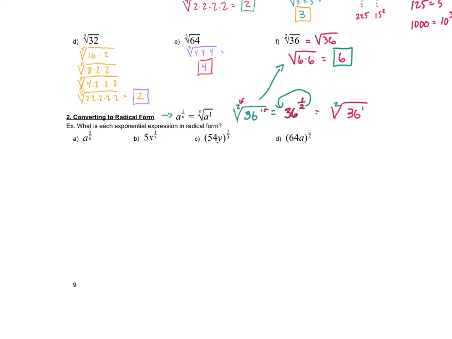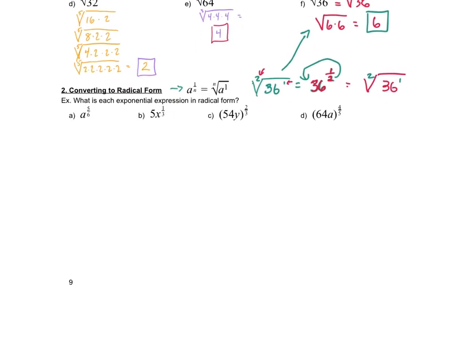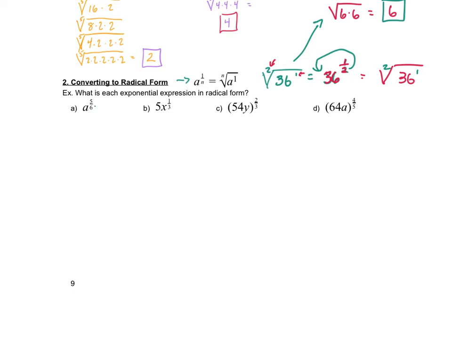So we're going to take these next and convert them to radical form. What is each exponential equation in radical form? For this one, we bring that 6 down and put it into the index of the radical. So we're going to have the 6th root of a to the 5th. That is how you would convert that. The next one, we have to be cautious, because this fractional exponent goes to the variable, not to the number.